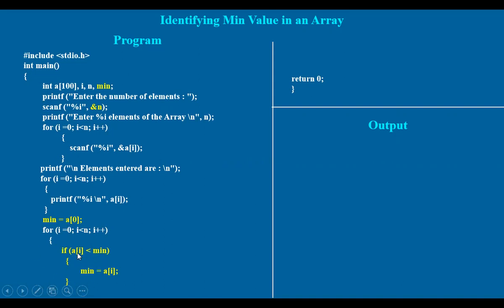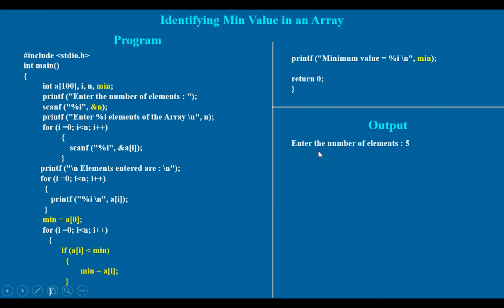Next, when it repeats, A1: is A1 less than minimum, that is A0, right? If A1 is less than minimum A0, then that value will be replaced. Okay. And we are going to display the minimum here.